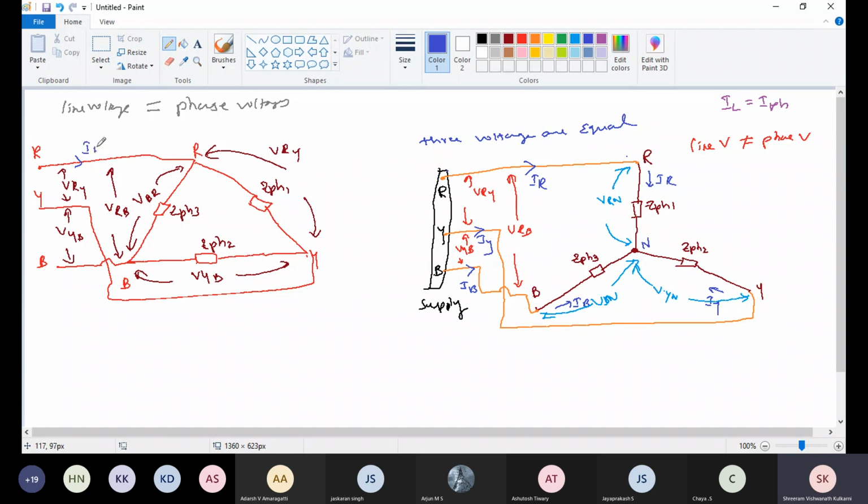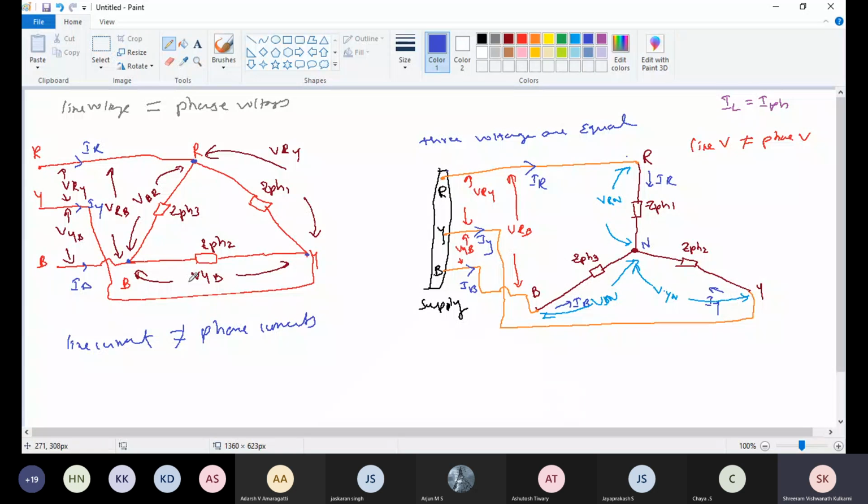If current IR is flowing here, IY is flowing here, IB is flowing here, when this IR reaches this point, it is going to divide into two lines, right? So I can simply say IR is not equal to the current flowing through the phases. It means line currents are not equal to phase currents in delta connected load.